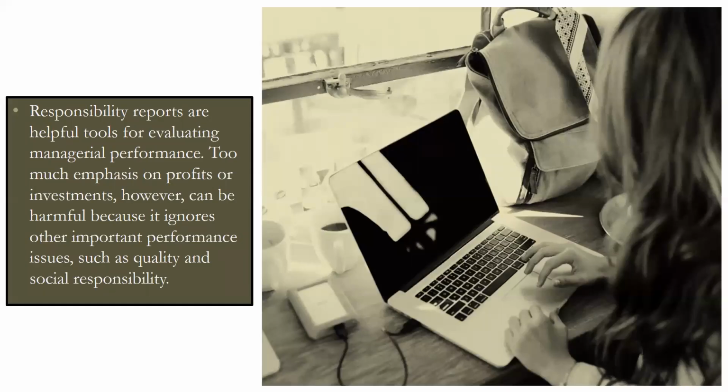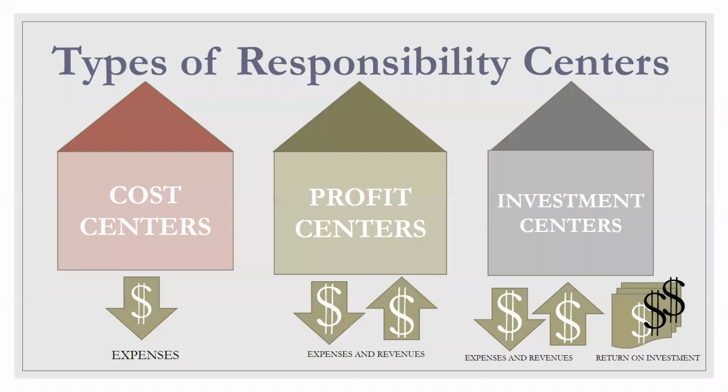Responsibility reports are helpful tools for evaluating managerial performance. Too much emphasis on profits or investment, however, can be harmful because it ignores other important performance issues such as quality and social responsibility.